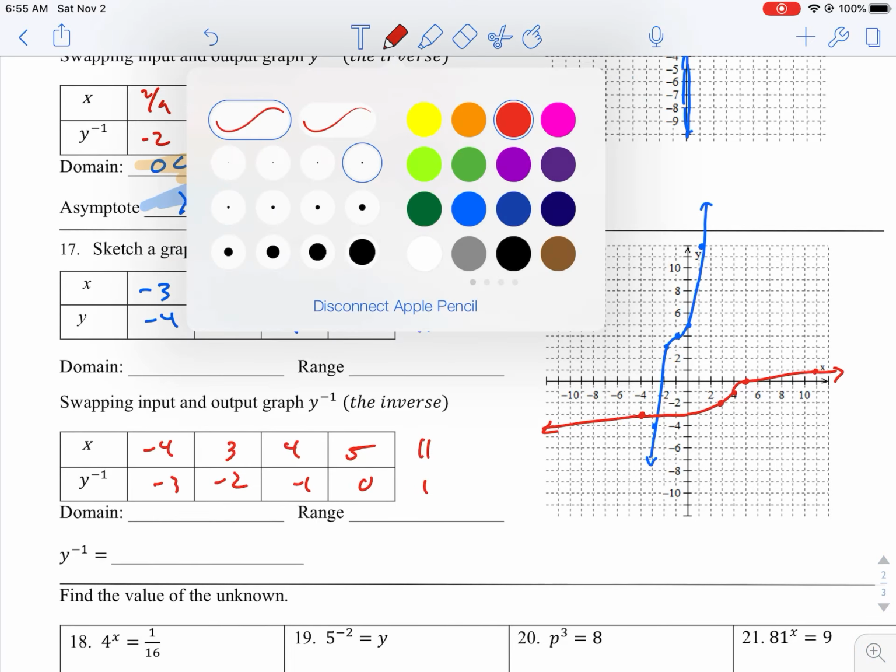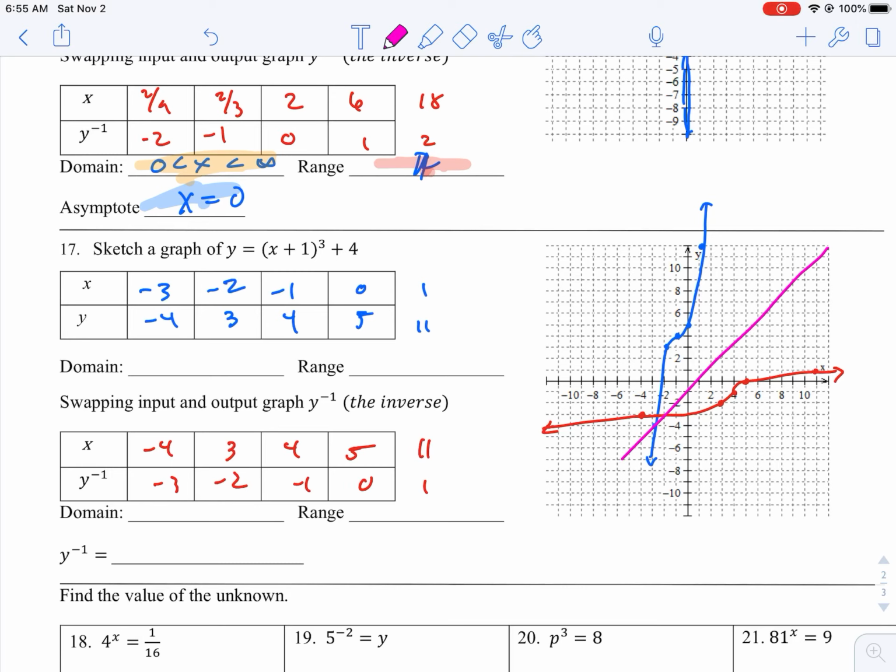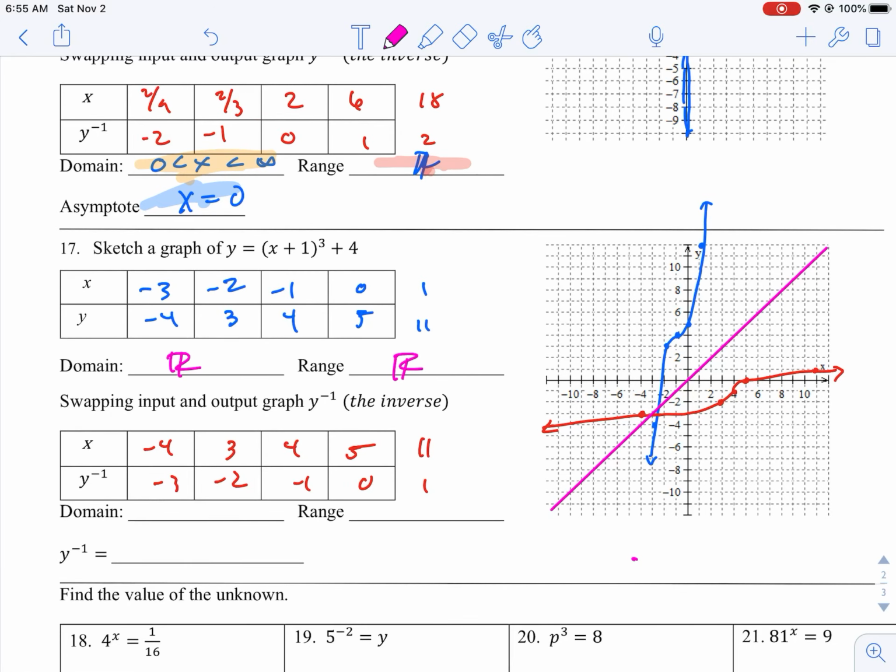And then my axis of symmetry is right in the middle. And the domain is all the numbers, you switch them, all the numbers. And the inverse is y or x equals the cube root of x plus 1 cubed plus 4.